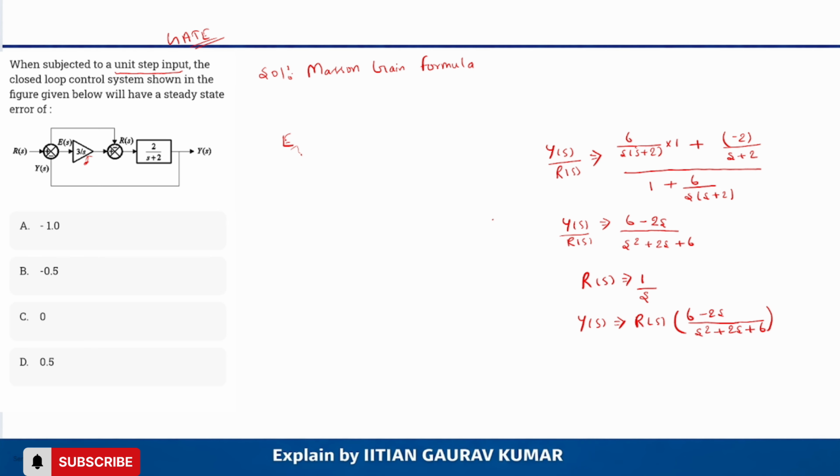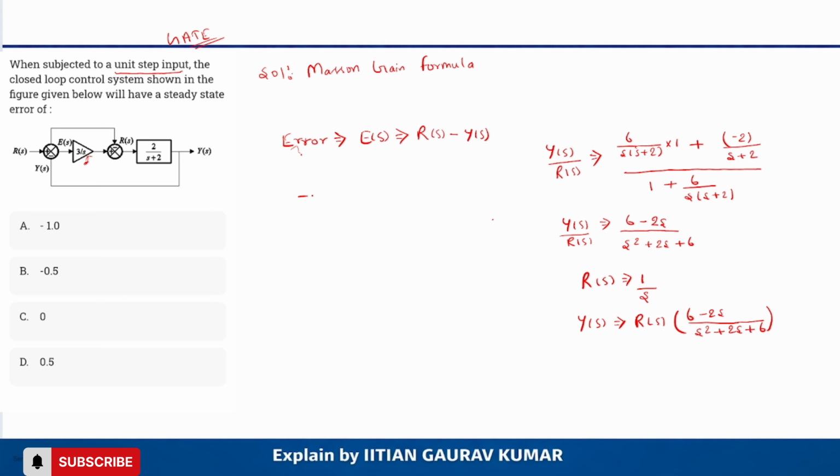What is the error value? Error, which we can denote as E of s, is equal to R of s minus Y of s. Okay, so we have both the values.